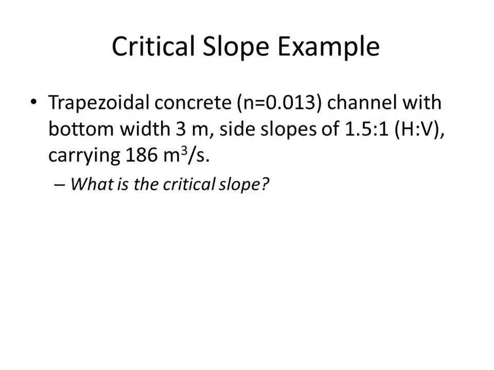So we've got some flow depth Y, 3 meters on the bottom. The side slopes are 1.5 to 1. The area, remember our formula for that, is B plus T y times Y. The wetted perimeter is B plus 2Y times W, where W is 1 plus T squared to the 0.5 power.